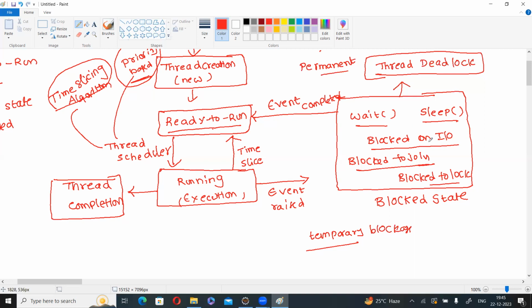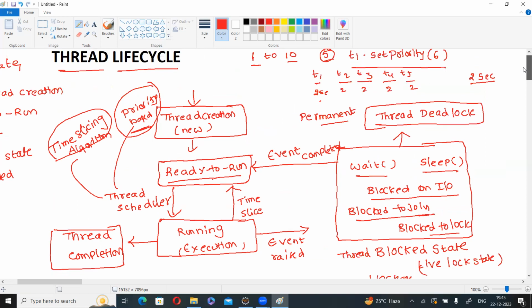So if any one of the events from the blocked state happened permanently, then the thread will enter into deadlock. Clear on the difference? This is called thread blocked state. This is also called live lock state. So this is the entire life cycle of a thread.